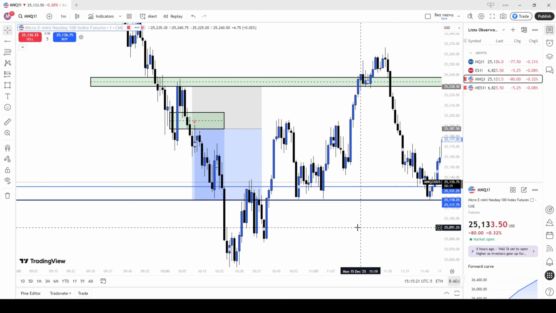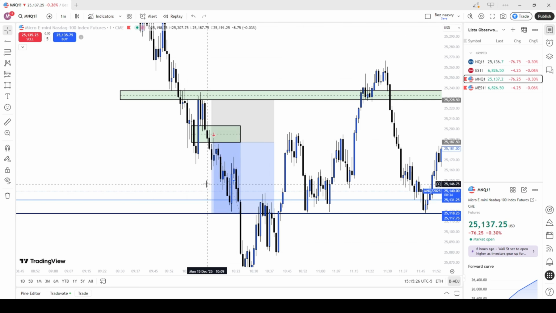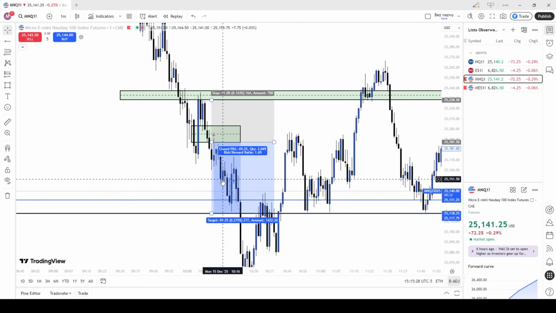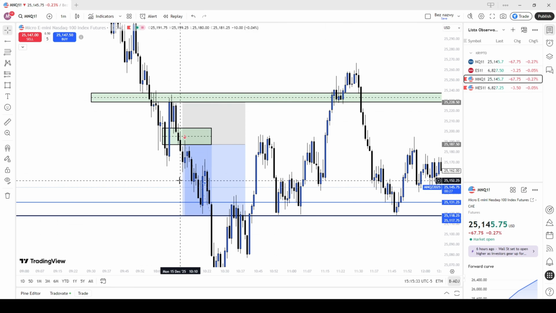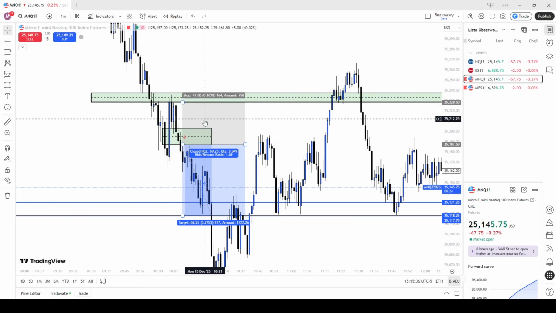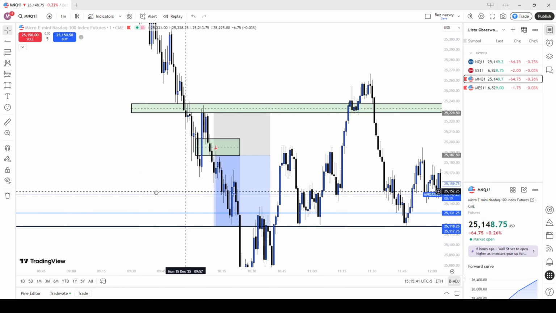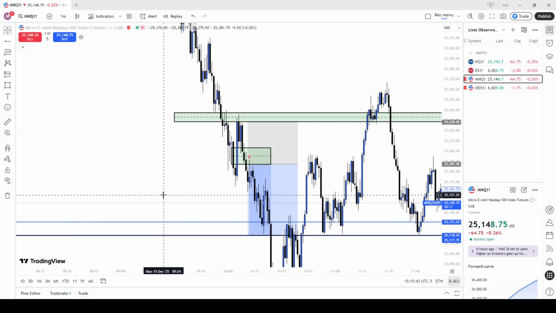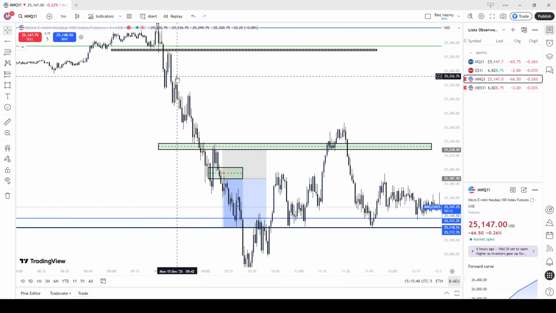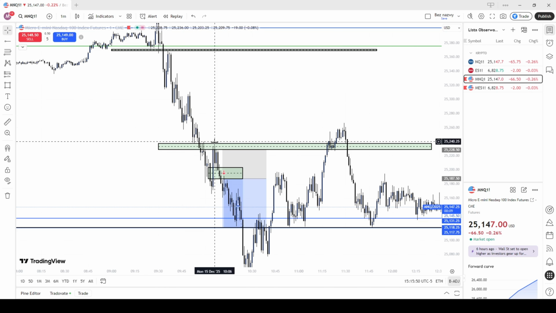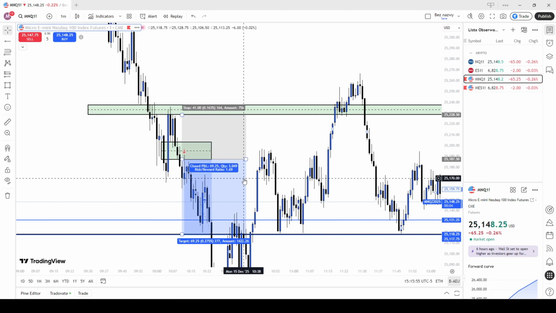But the mistake I did, which stopped me from making $600 and ended up making me only $160, is I trailed my stop loss. I normally never do it. I mean, I go break even, as I said, but I don't trail my stop loss into profit unless I would enter like here, and I would kind of trail it here, here, here, here. But on short trades, I never trail my stop loss.